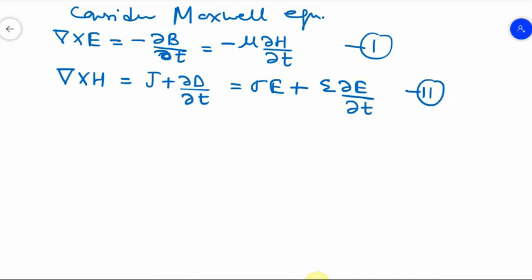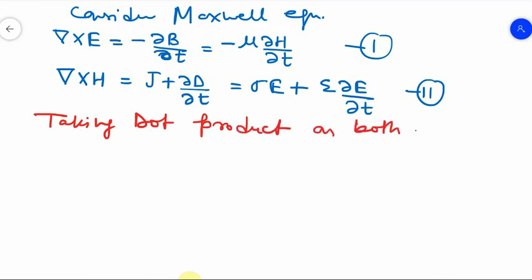Now taking the dot product on both sides with E. So if we take the dot product on both sides, what will happen?